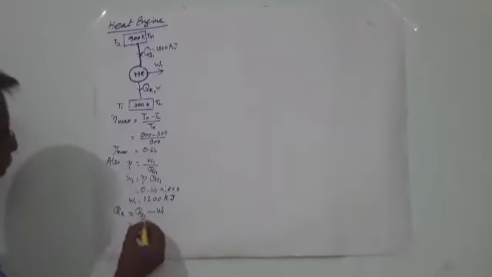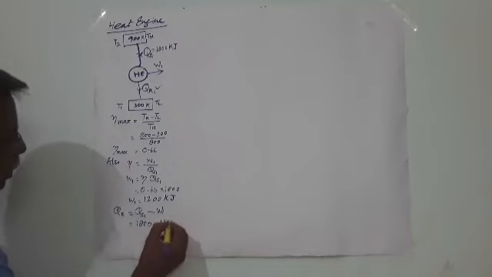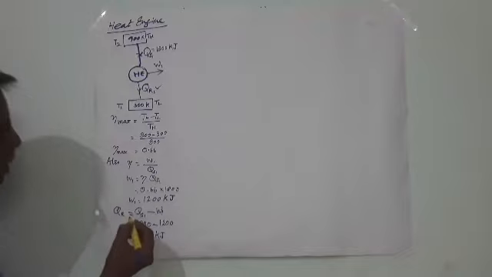So this is equal to 1800 kilojoules minus 1200 kilojoules, which is 600 kilojoules. So this is the amount of heat energy rejected to the sink. Let us take this as QR1. The heat energy rejected to the sink is equal to 600 kilojoules.